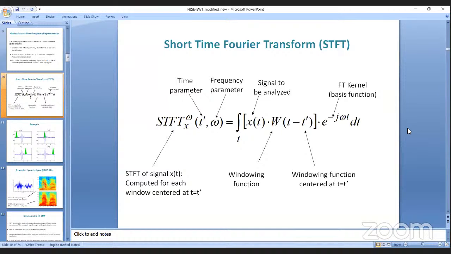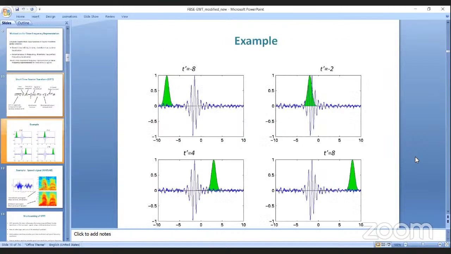So now your signal is a function of time and frequency. That is the idea of time frequency representation, which converts a one-dimensional signal into a two-dimensional signal. That is STFT.